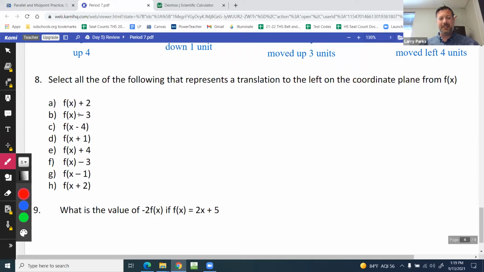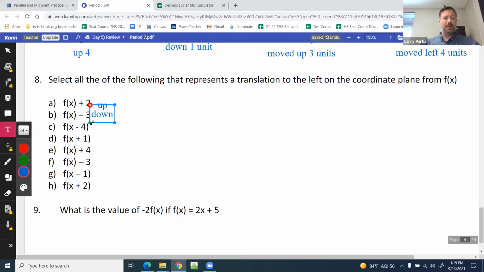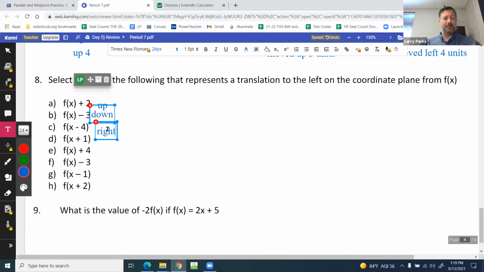No, it causes it to go down. Does C cause it to go left? No, this one's right. That does up. This one goes down. This one goes to the right. This one goes to the left.